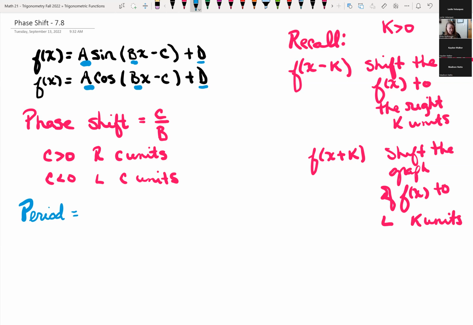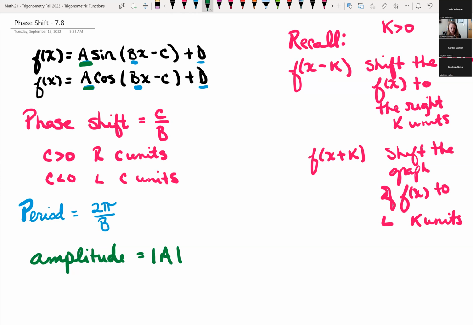But our period can be found by 2 pi divided by, in our case, the coefficient in front of x, which is B. And like I mentioned, our amplitude only occurs with cosine and sine functions. This is equal to the absolute value of A.